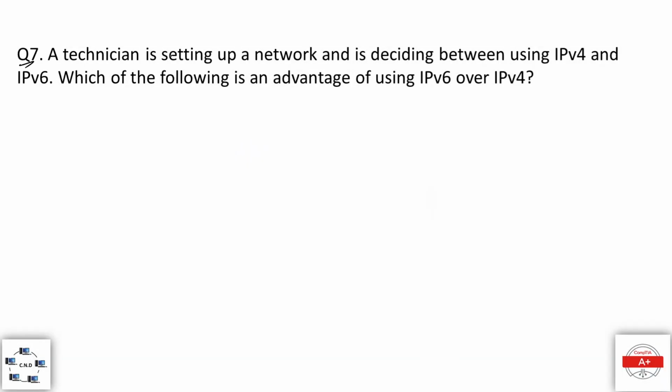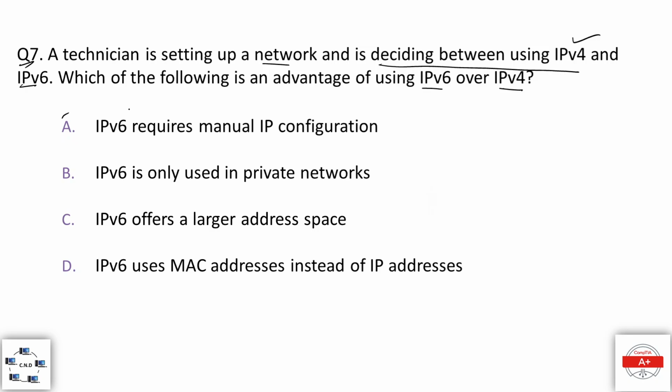Question number 7. A technician is setting up a network and is deciding between using IPv4 and IPv6. Which of the following is an advantage of using IPv6 over IPv4? And the options are: option A, IPv6 requires manual IP configuration. Option B, IPv6 is only used in private networks.